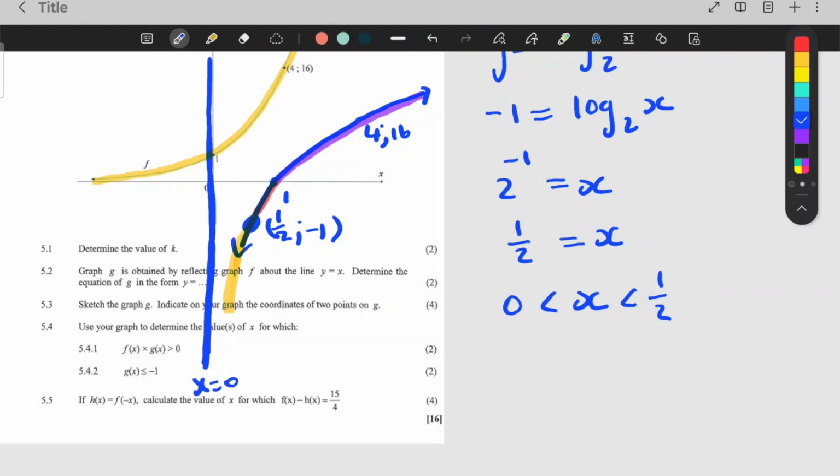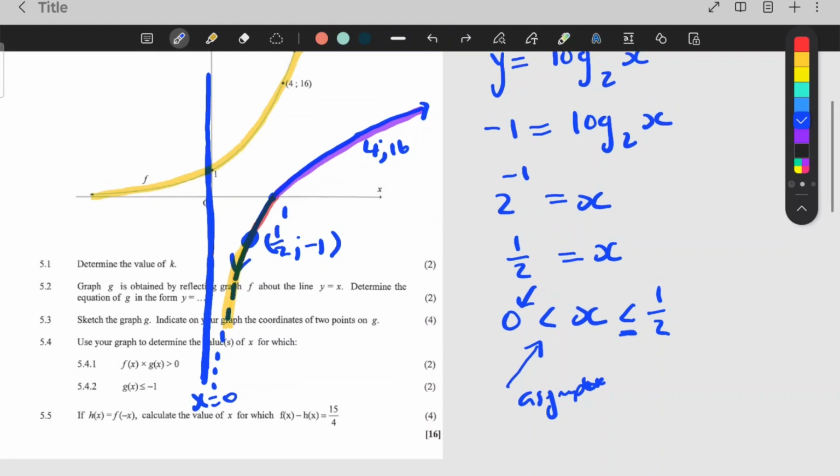It's from here till forever, closer and closer, but it will never hit 0. Because there's an equal sign in the question, I have an equal sign here, but not here, because this 0 is an asymptote. It will never touch, so there can never be an equal sign next to an asymptote. And that is the final answer there.